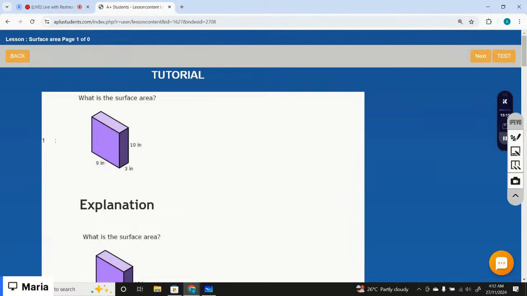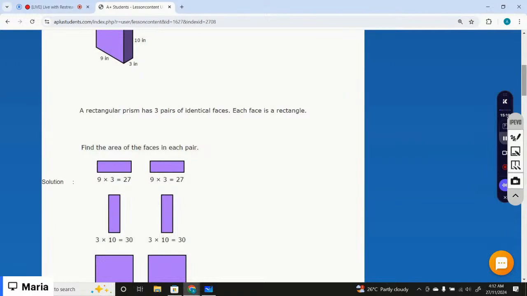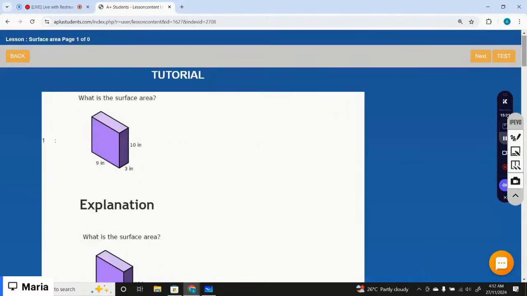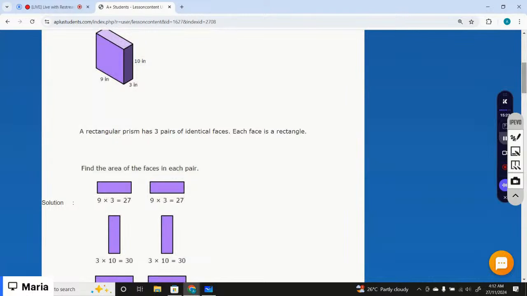You are given a rectangular prism. You have to calculate the surface area. So the first thing you need to see is the rectangular prism has three pairs, like the total faces are six, they are in the form of three pairs of identical faces. You have to calculate the area of each face and then you have to add.